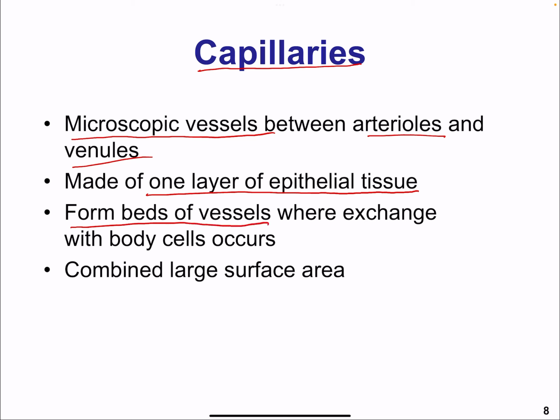And these beds of vessels allow for exchange of material, including nutrients, right? Oxygen, carbon dioxide, amino acids, simple sugars, nucleotides, you name it, right? But waste is also exchanged there, right?